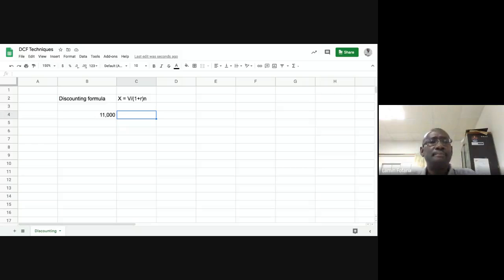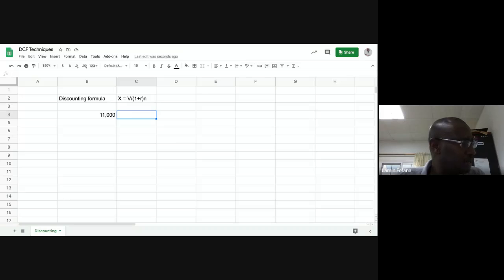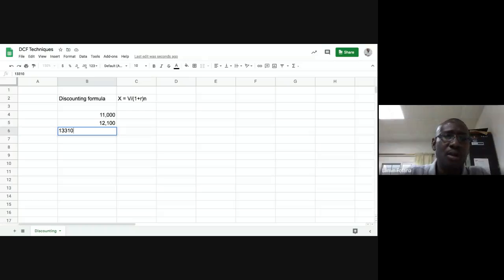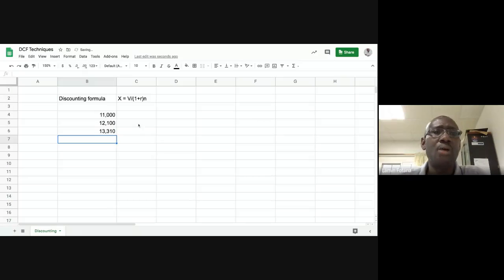So the A part of the discount, that's the question just below the discounting. So that's 11,000 after 1 year, 12,100, and we have 13,000. So this is like the one we did when we were compounding. So we want to discount them now.